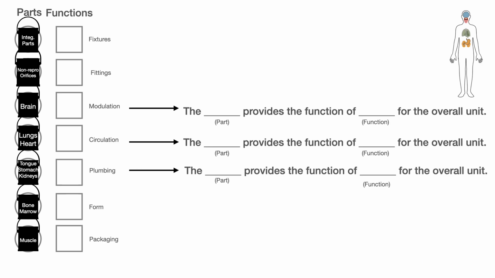Now this is pretty fun. If you'd like, you can go through and practice saying this out loud. For instance, I'll do the brain one here for modulation, and say the brain provides the function of modulation for the overall unit. And so that's pretty fun and should be simple enough and kind of enjoyable.